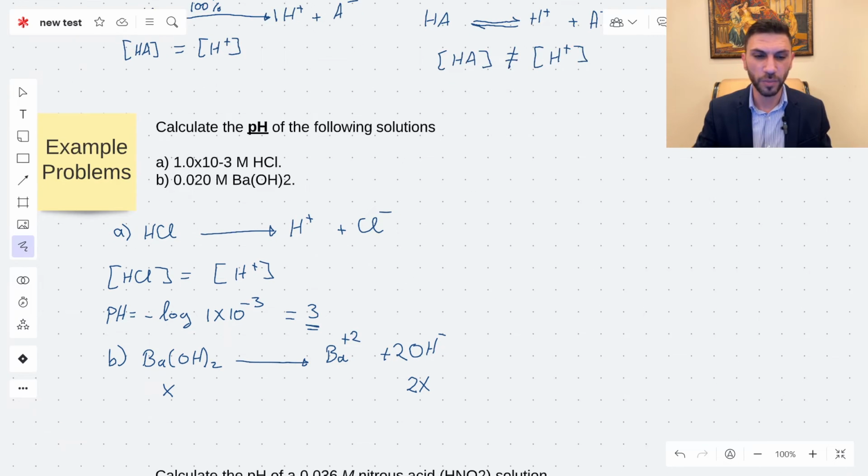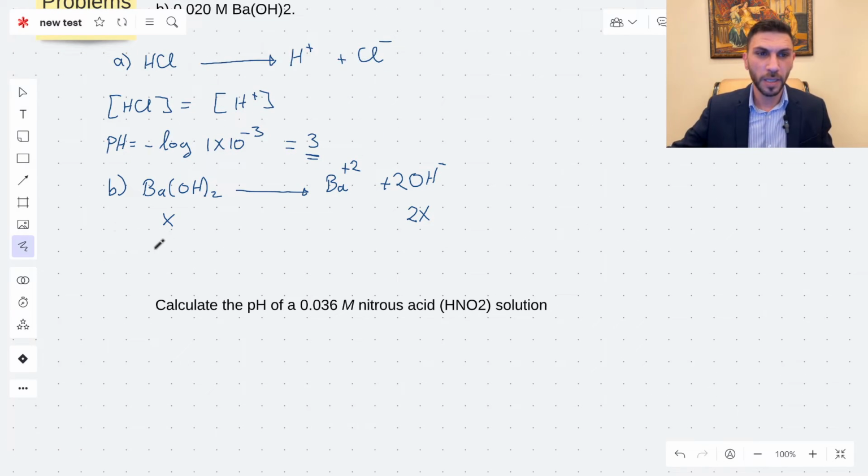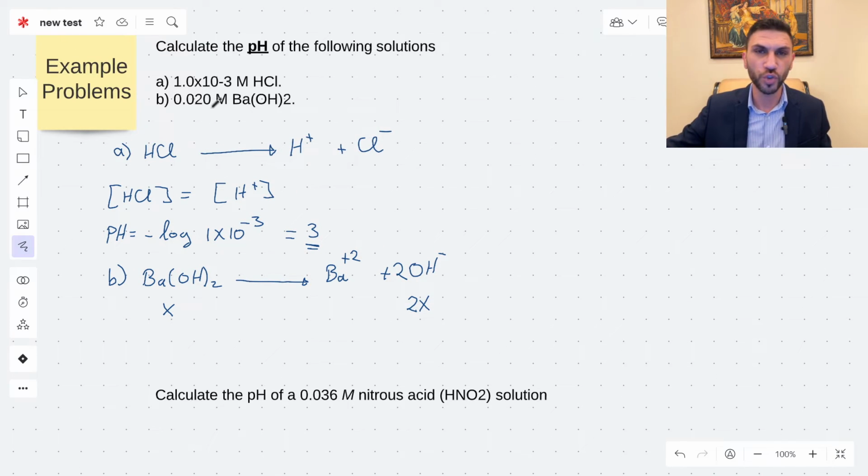Here in this case, the concentration is 0.02. That means the concentration of OH negative, we need to multiply by 2, so it equals 0.04 molar.